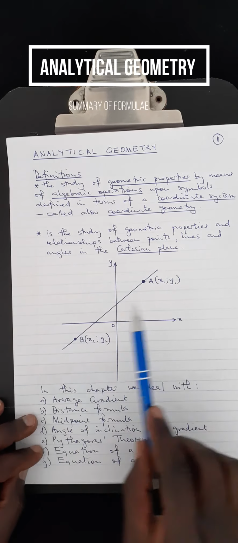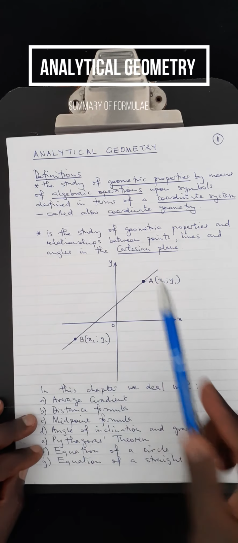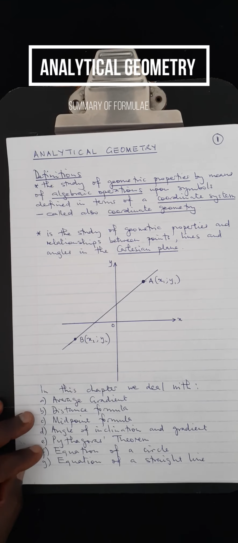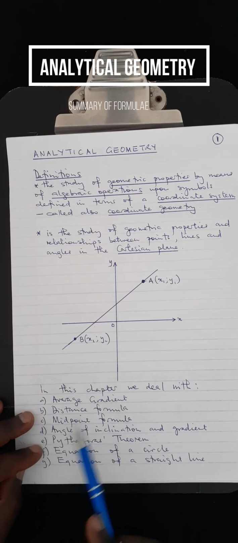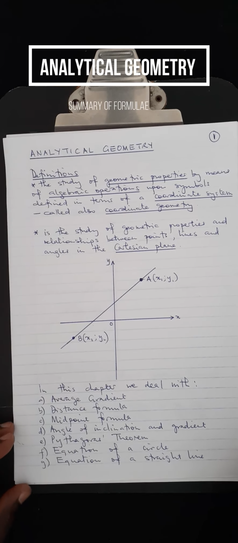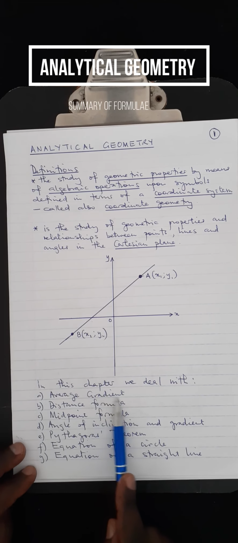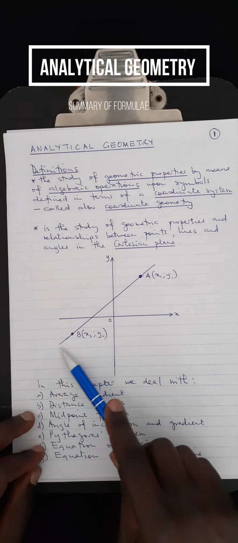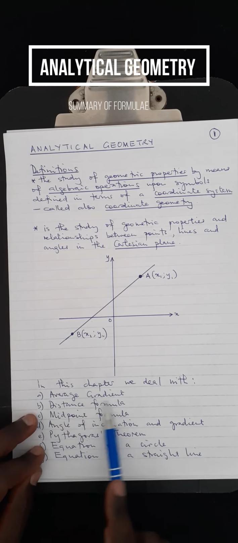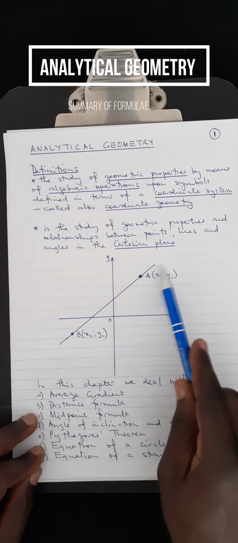We will be using this system extensively in this topic. In analytical geometry, in this chapter, we will deal with the following concepts. One, the average gradient, which means the gradient of a straight line, and the distance formula, which relates to the distance between two points on a Cartesian plane.